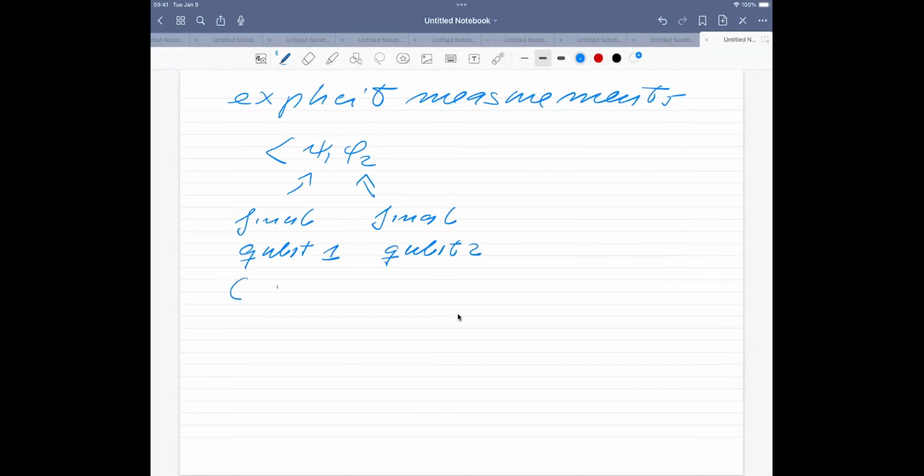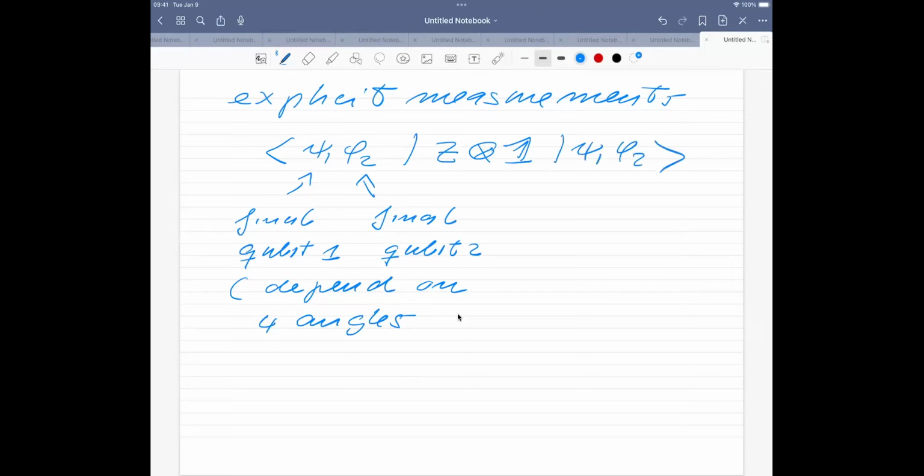And they depend on different parameters, on four angles. So I would typically prepare the states by making rotations on the states, 2 angles for the first qubit and 2 angles for the second qubit. Then I need now to calculate this quantity here. In this quantity here, I'm actually in the computational basis, which I'm interested in, so I don't need to do anything.